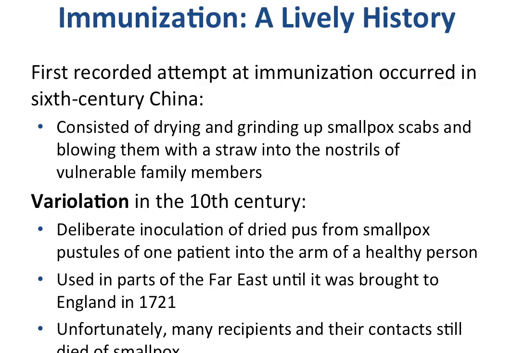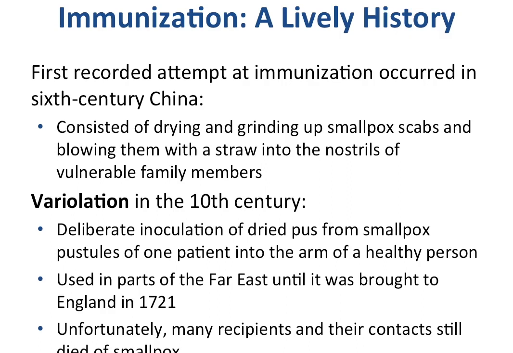So the vaccine, the immunization history, we have a long history for the immunization. The first recorded attempt is in 6th century China. The ancient Chinese tried to grab up the smallpox scab and blow it into the nostrils of people, to let these people build up the immunity against smallpox.